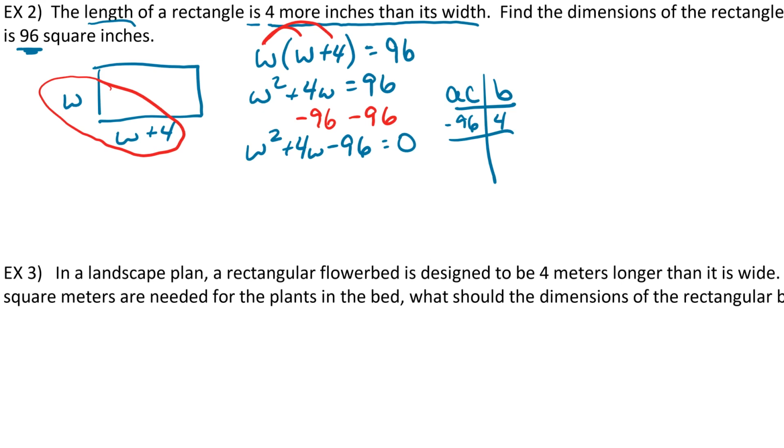So in this case, it's going to be negative 8 and positive 12. So we can split those up. So we have W squared minus 8W plus 12W, and then minus 96 equals 0.